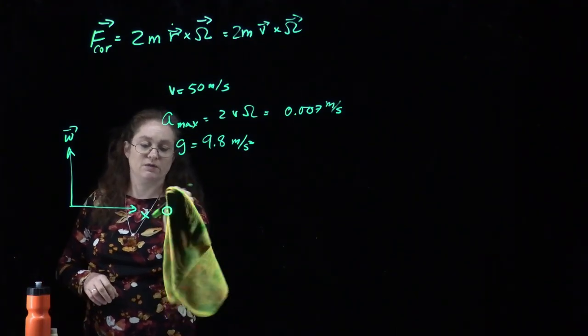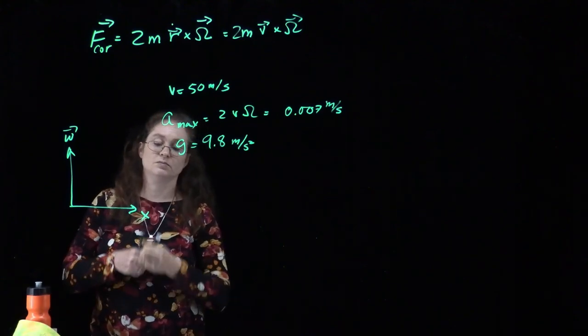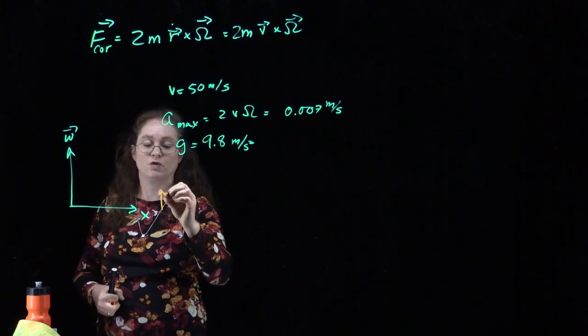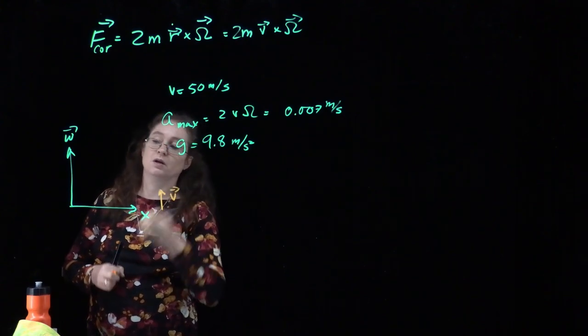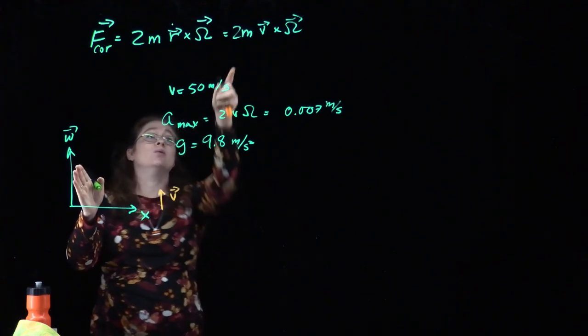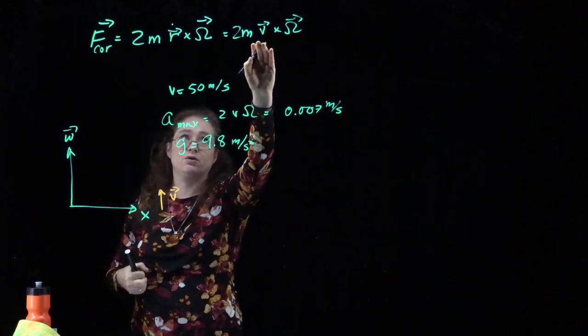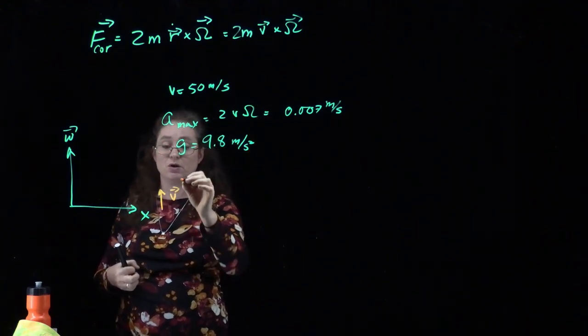So if I throw a baseball north from the equator, then v cross omega is 0.